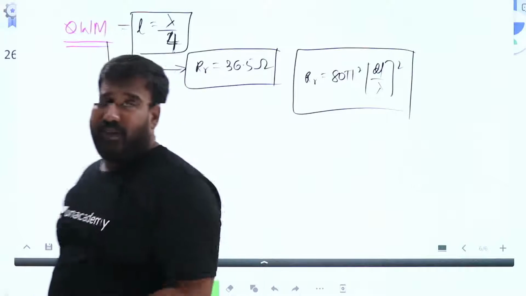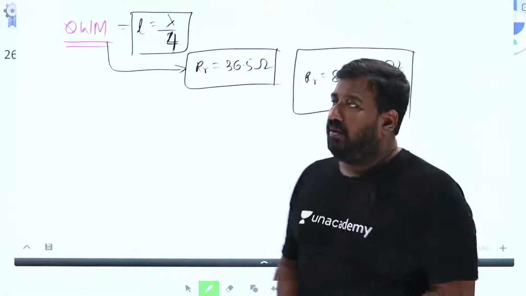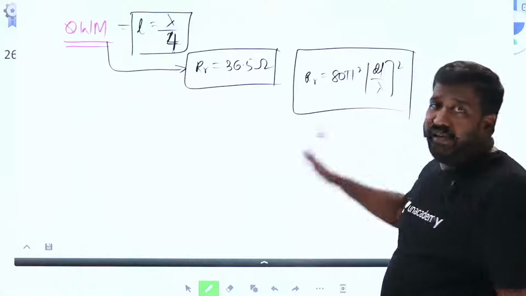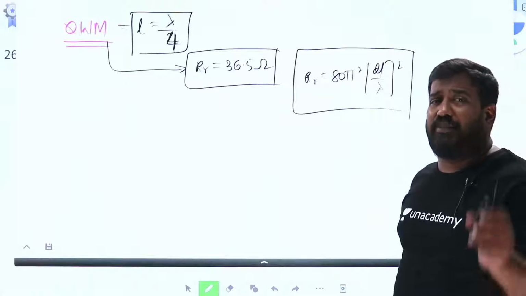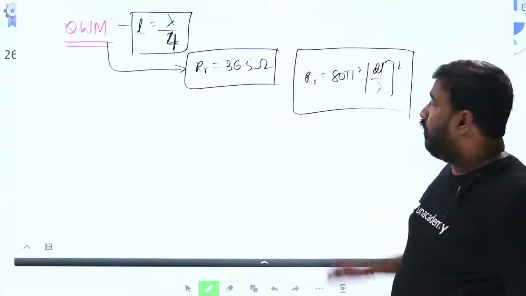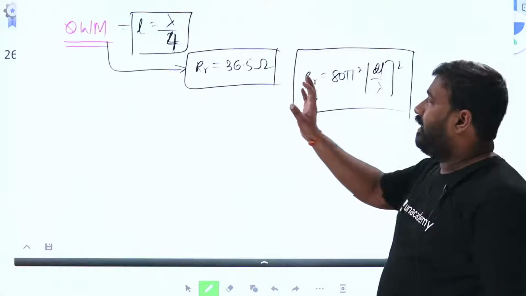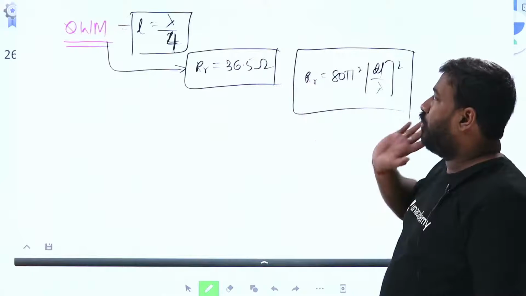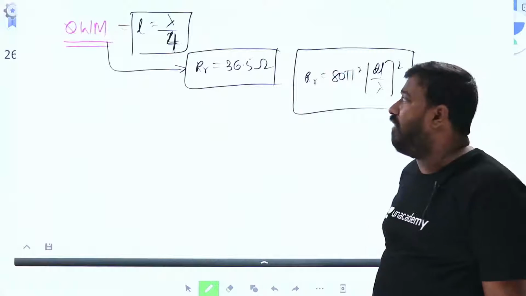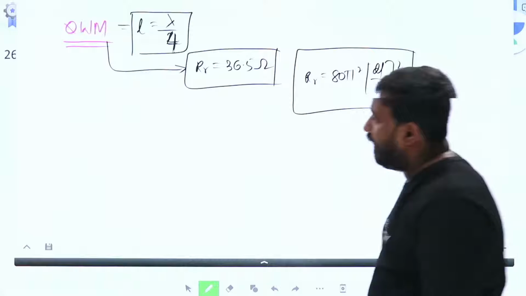I'll explain in detail once we discuss antennas. Radiation resistance is a very big concept that will take one hour only for itself, so let us not discuss it here. Let us restrict ourselves to only quarter wave monopole and half wave dipole. A quarter wave monopole antenna has a length of lambda by 4, and its radiation resistance is 36.5 ohm, standard.